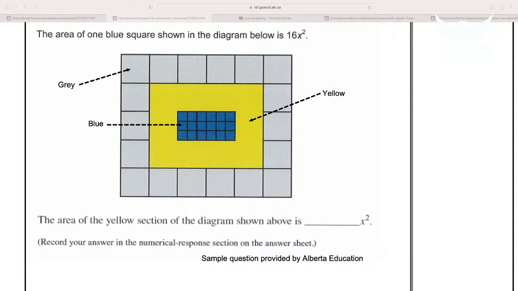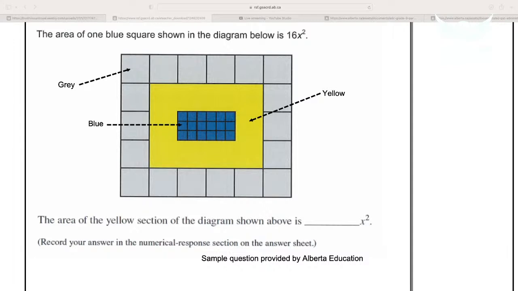So the blue area will be 16x squared times 18. 16 times 18 is 288, x squared.